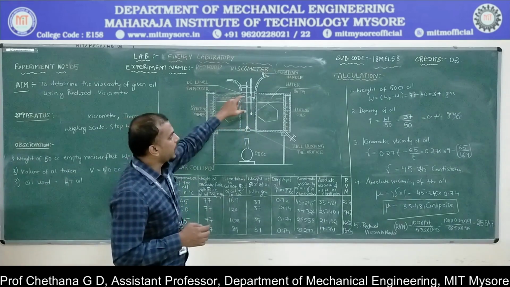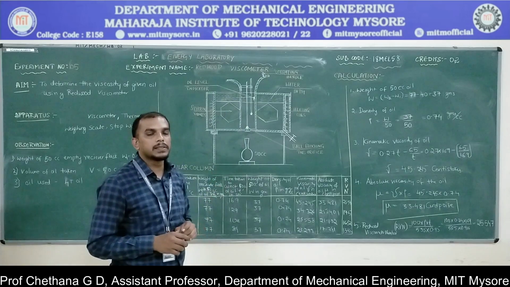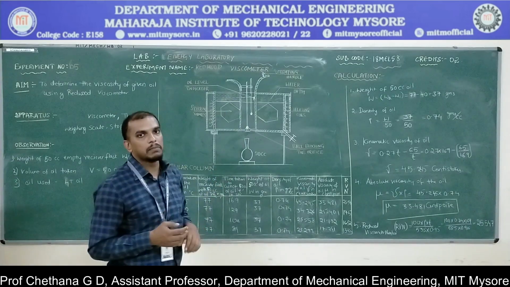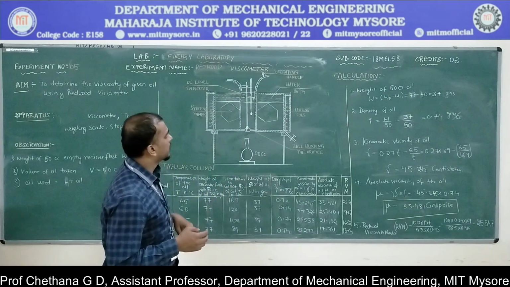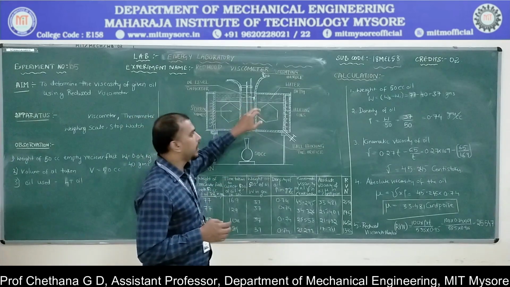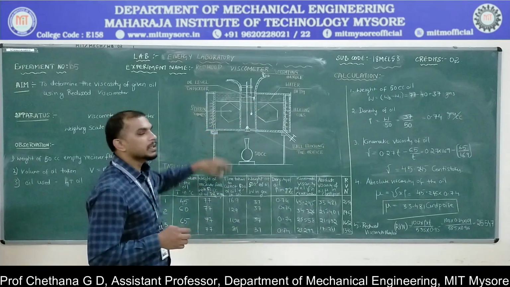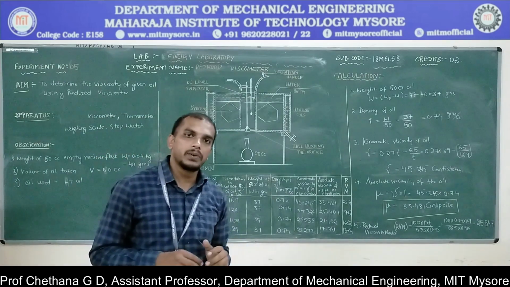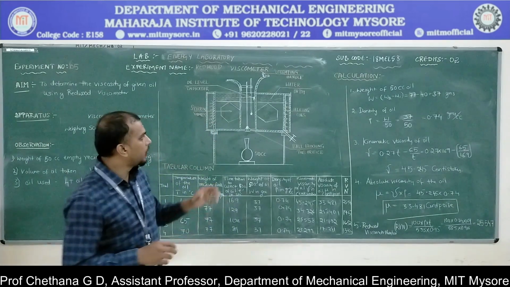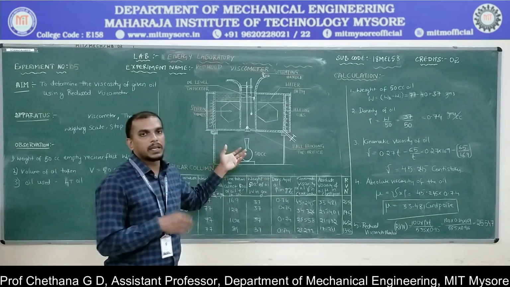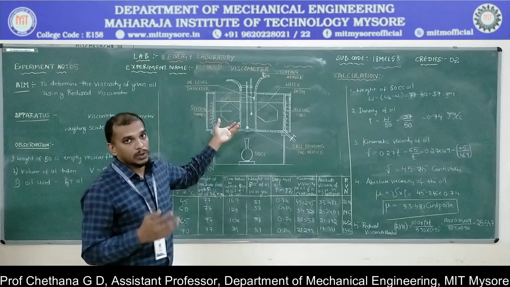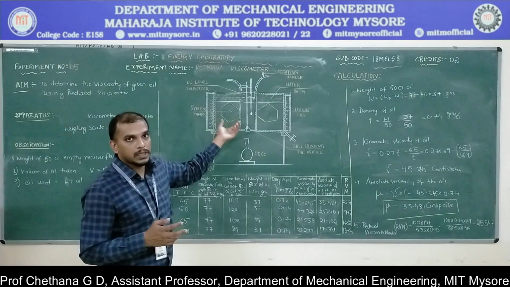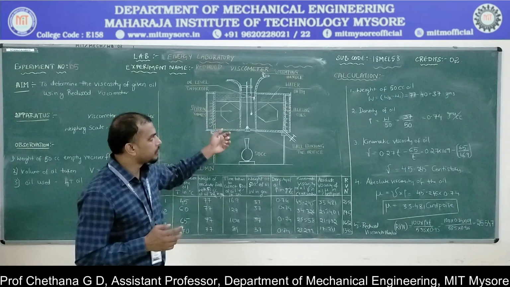We have a thermometer placed to know the temperature at which we are measuring the viscosity. Then we have an oil level indicator and stirring vanes. The stirring vanes help us maintain a uniform temperature over the water bath, so we keep on stirring the water so that the temperature is uniform.